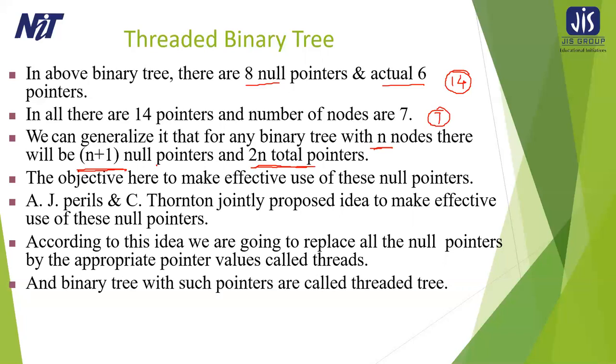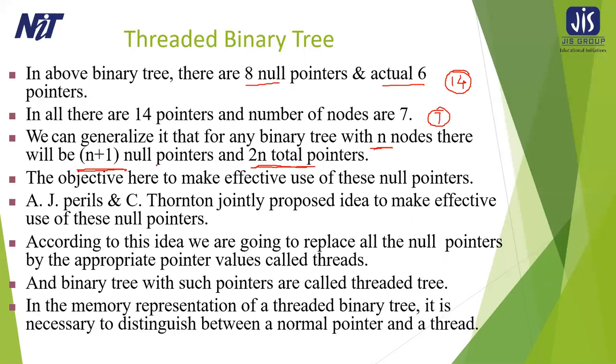A binary tree with such pointers is called a threaded tree or threaded binary tree. In the memory representation of a threaded binary tree, it is necessary to distinguish between a normal pointer and a thread. A thread actually replaces the null pointer.